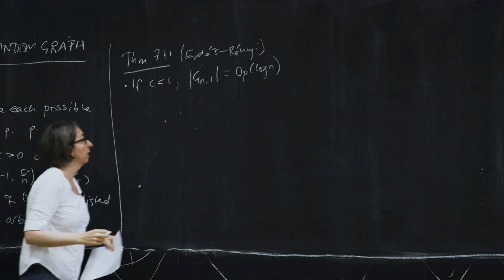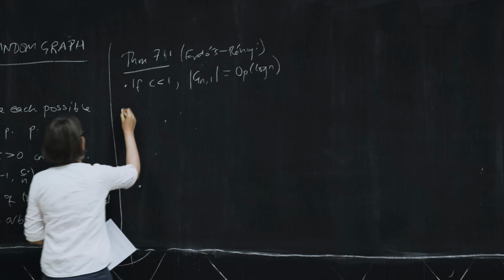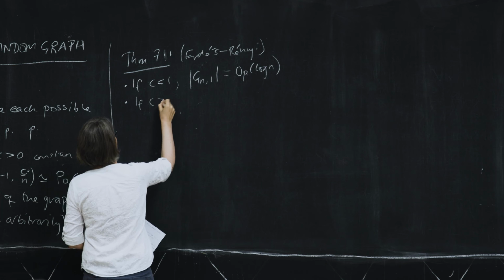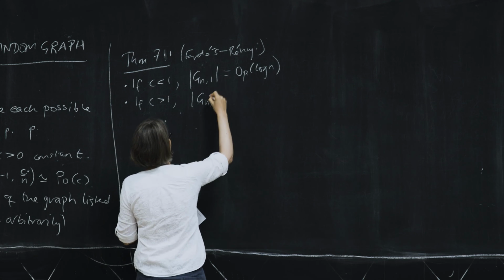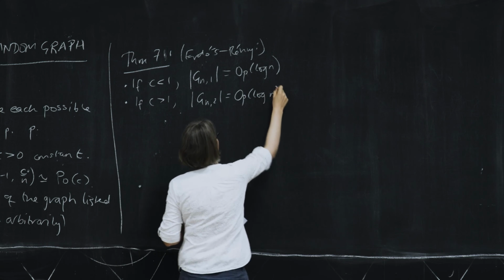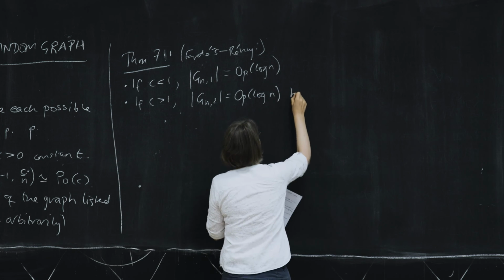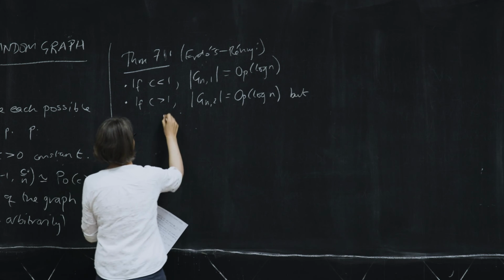So it's tight on the order of log n. Whereas if I take a value of c bigger than 1, then, well, this is true for the second largest component, but the largest one actually has a limit in probability when I rescale it by n.